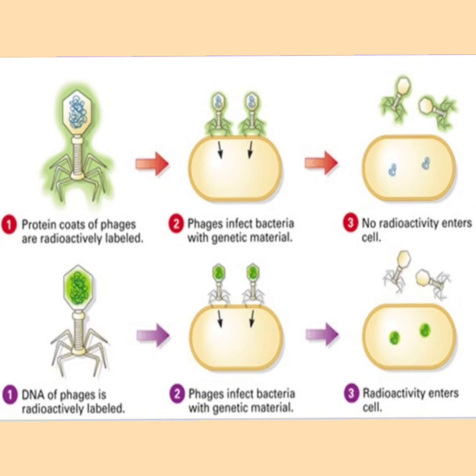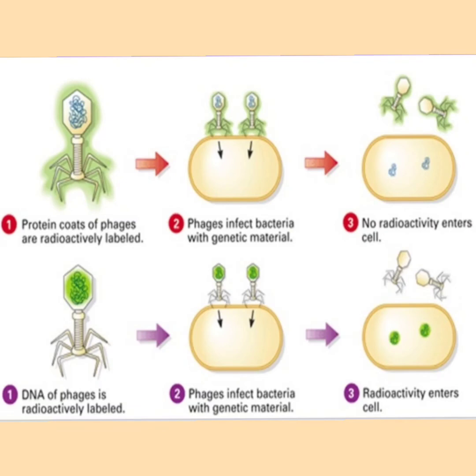Here you can see the sulfur radio-labeled bacteriophage had radioactivity on its protein, which is outside the cell, and the phages were allowed to infect the bacteria, and it was found that no radioactivity entered into the cell.